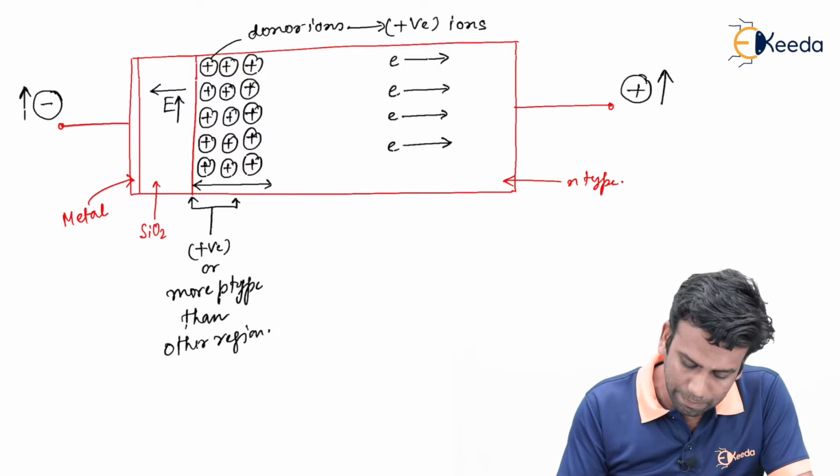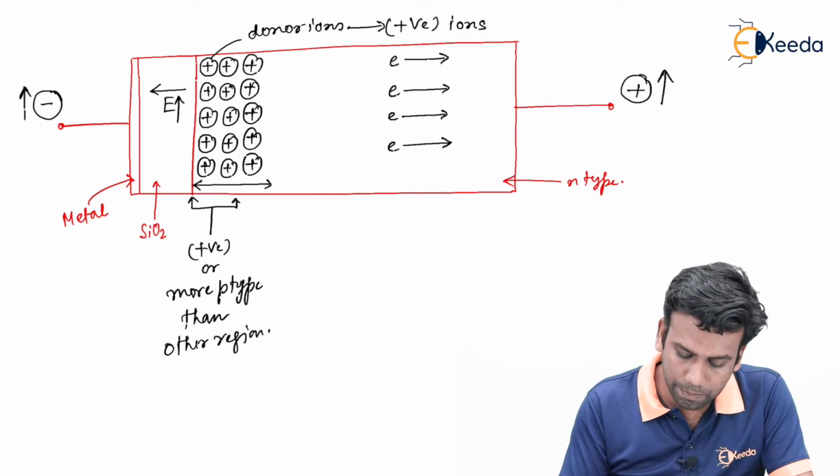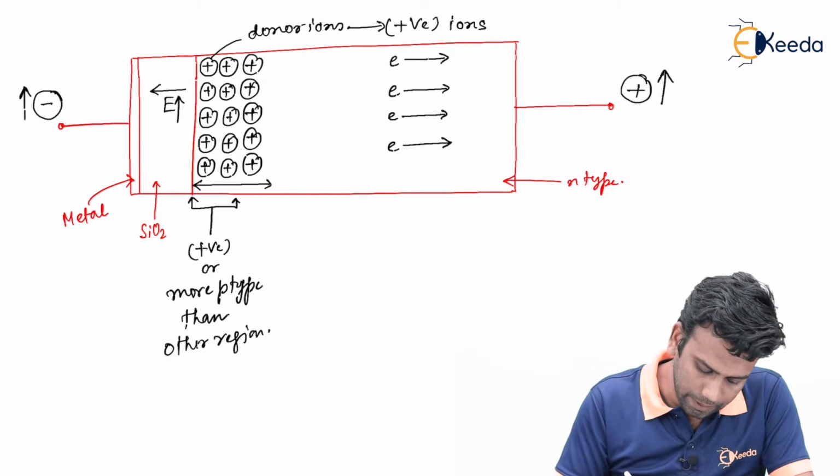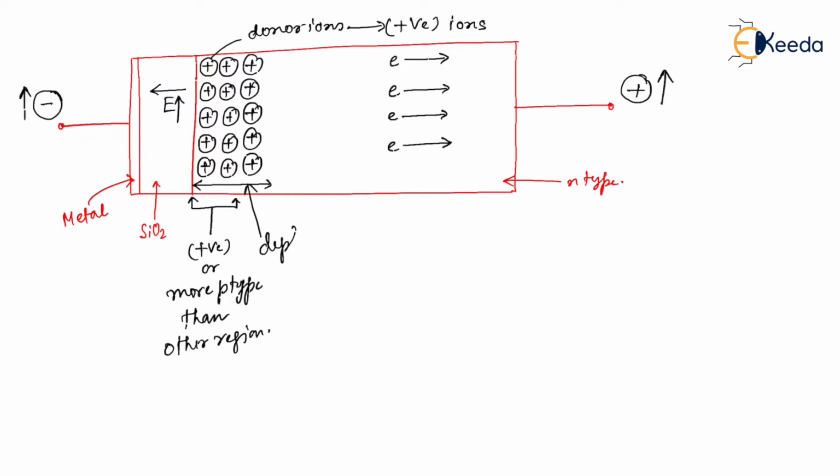Since the application of this type of potential in the MOS capacitor of N type substrate has created a depletion layer, this mode of operation is called the depletion mode.